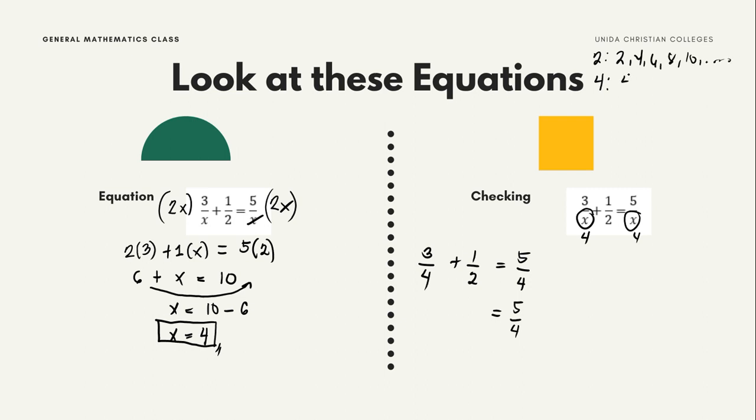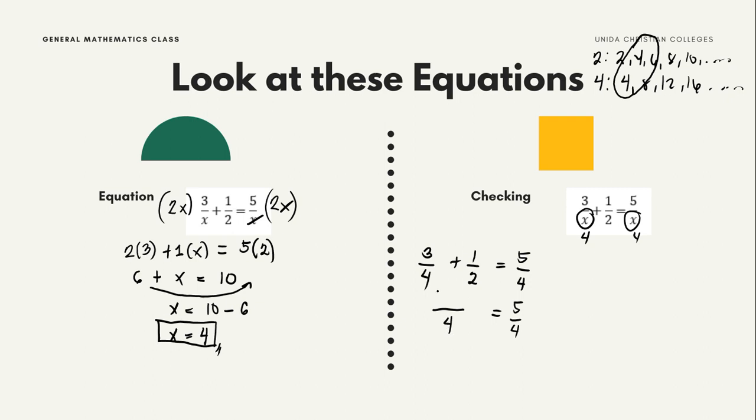For 4, we have 4, 8, 12, 16, and so on. Those are the multiples of 2 and multiples of 4. Now, take the least common one. The lowest common multiple is 4. Okay? So their denominator will be 4.